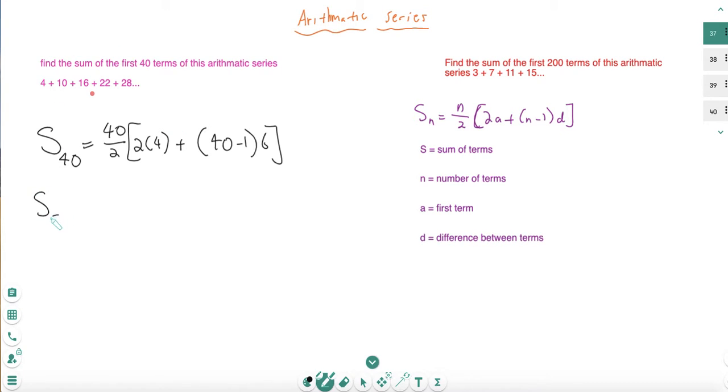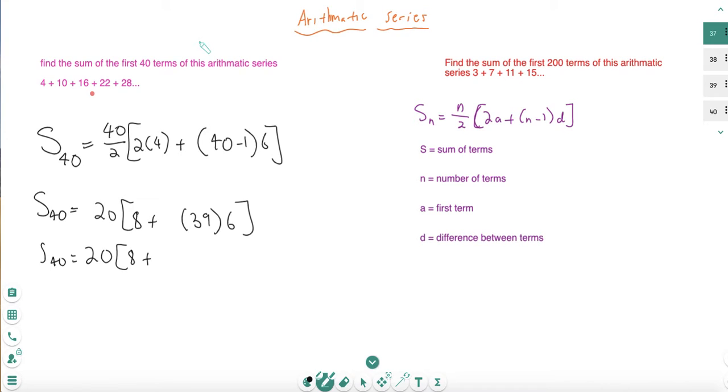So the sum of the first 40 terms is equal to 40 divided by 2, which is 20. Open up our brackets. 2 times 4 is 8, plus 40 minus 1 is 39, and then times 6. Next, the sum of the first 40 terms is equal to 20 times 8 plus 39 times 6.